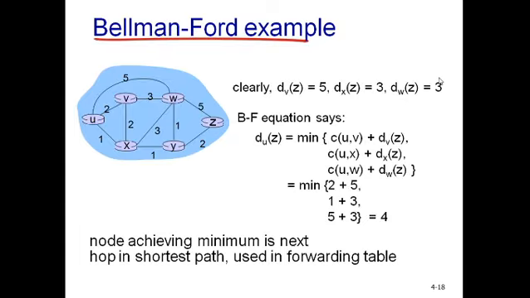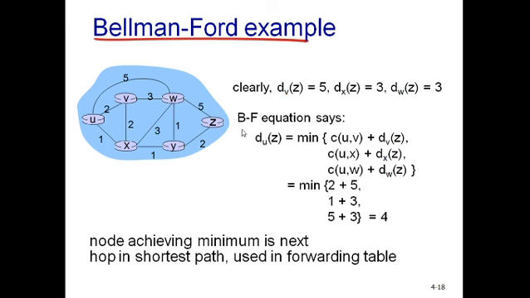These are pre-calculated, because you have to apply the Bellman-Ford equation in the same way as we are going to apply it to calculate the shortest distance from U to Z. So it's already done: from V to Z the shortest path is 5, from X to Z the shortest path is 3, and from W to Z the shortest path is 3 via this way.